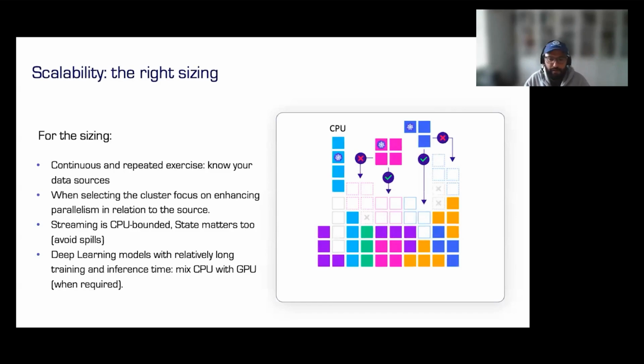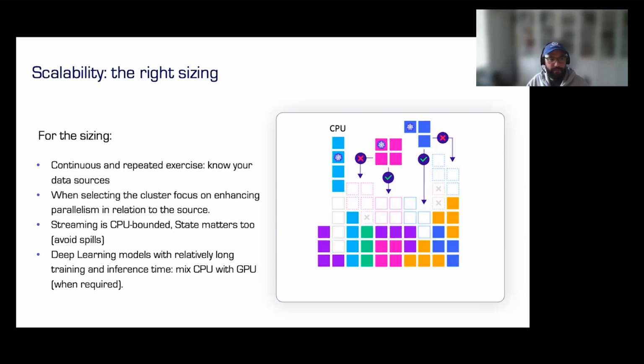Just to take again this recommendation about the right sizing. As you already know, if you are a data practitioner, a lot of this comes down to a continuous and repeated exercise, and knowing your data is key.